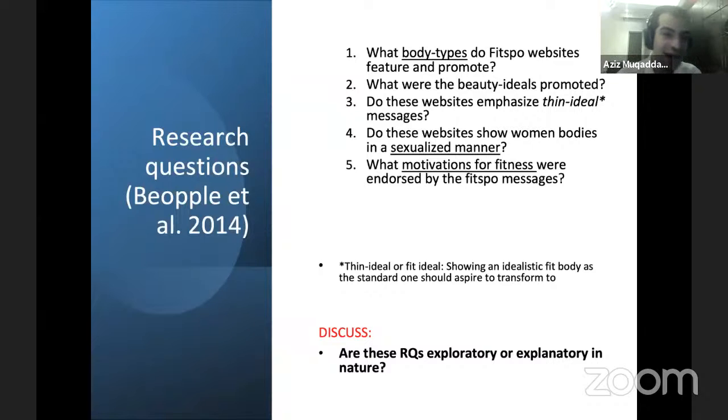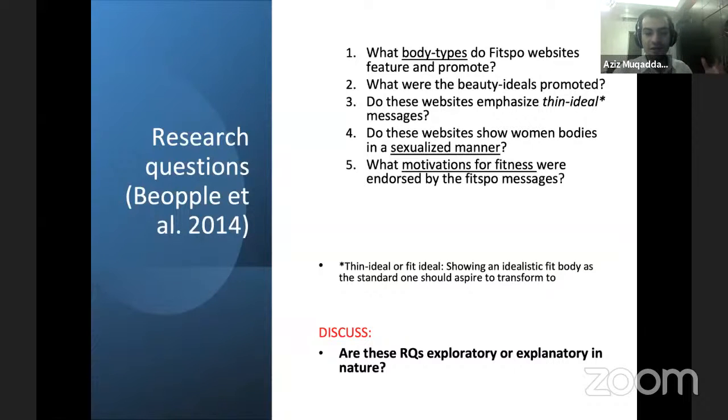So if you ask why, like what drives these websites to feature sexualized, objectifying images, then yes, that will be explanatory. Explaining maybe the forces that put it there. You could talk about a commercial purpose, or gathering ads.